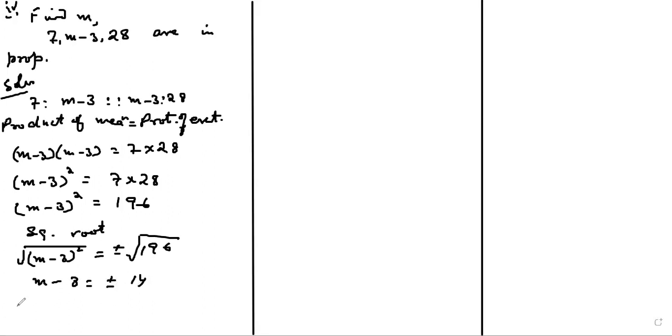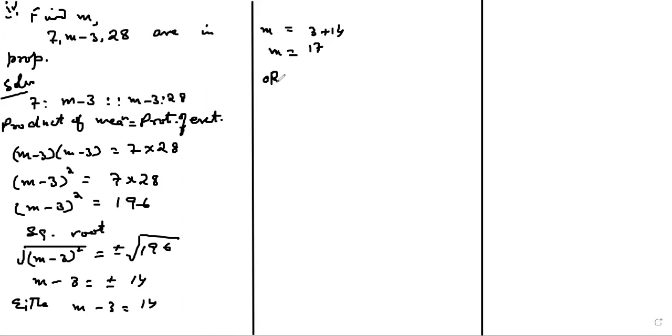So we have either m minus 3 equals 14, means m equals 3 plus 14, or m equals 17.